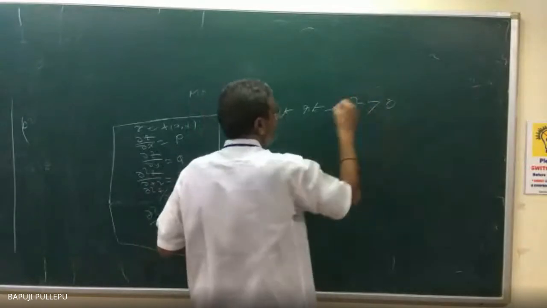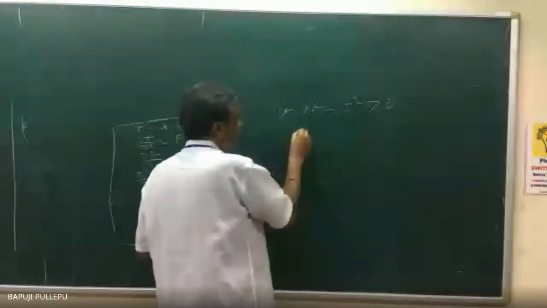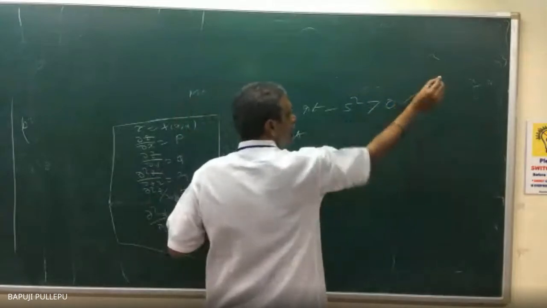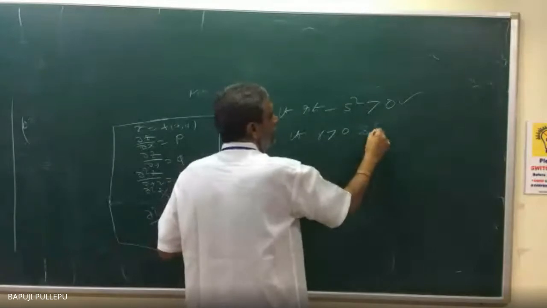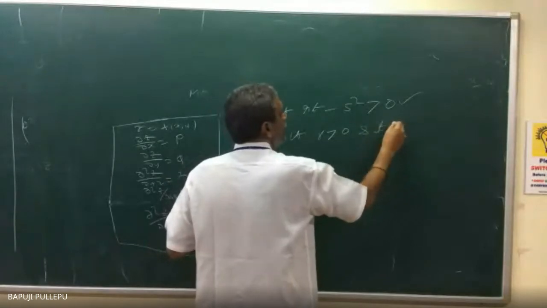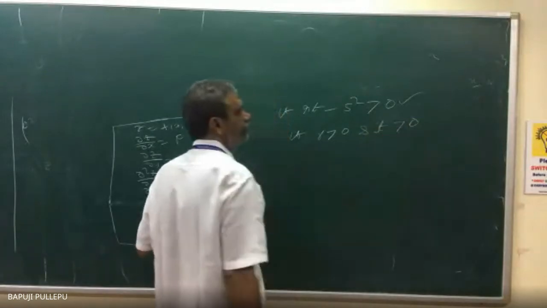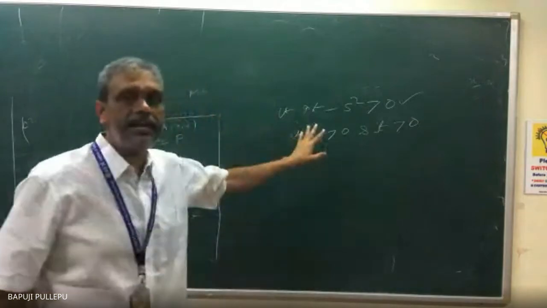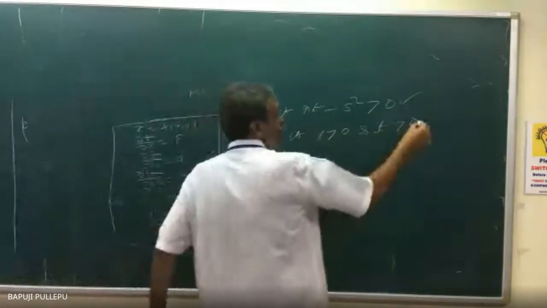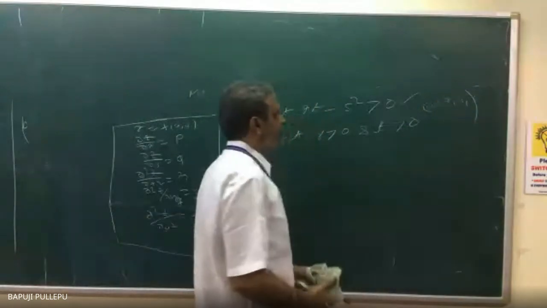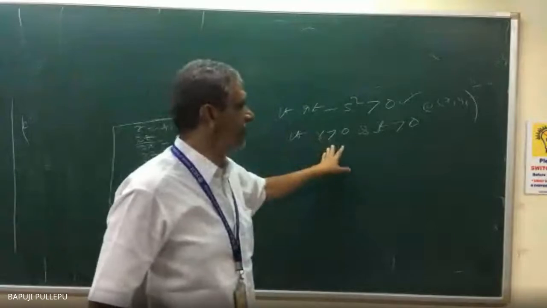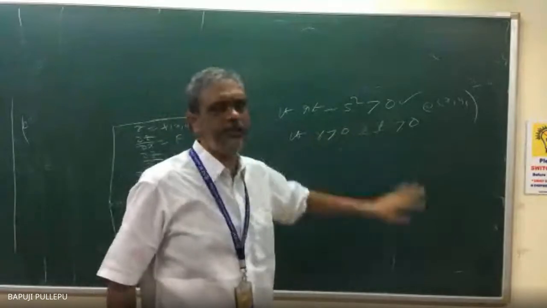If RT minus S square is greater than 0, my door is opened, then R is greater than 0 and T also greater than 0. RT minus S square greater than 0 at x1, y1. While testing only you will get, suppose R greater than 0, T also greater than 0, no doubt.